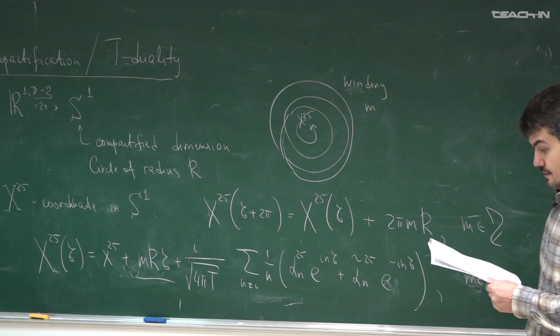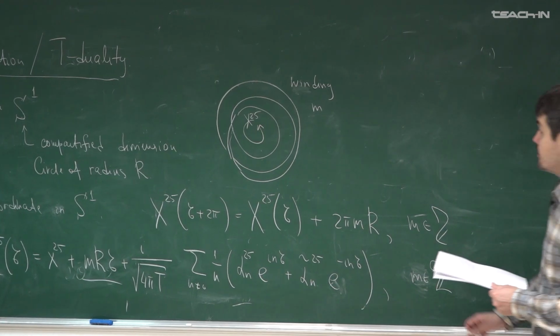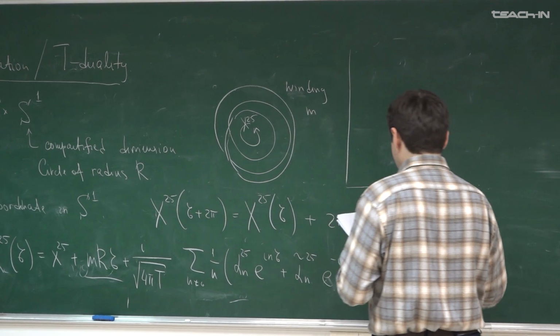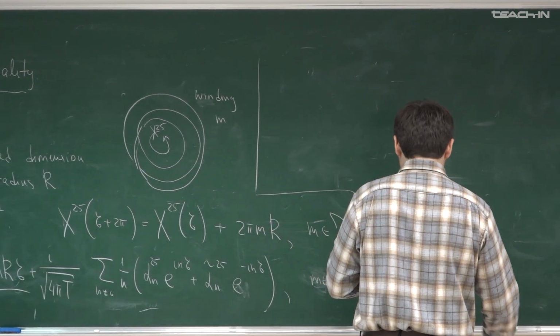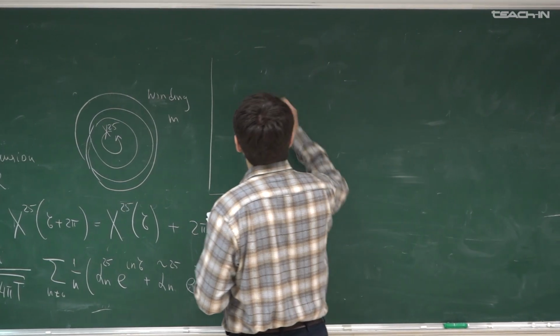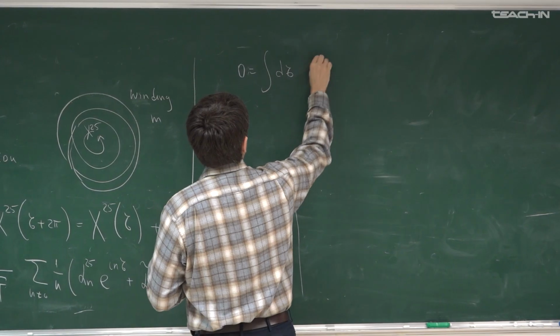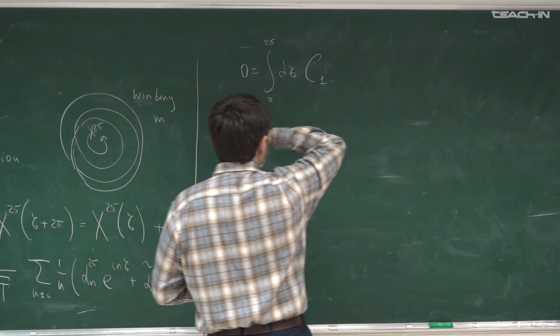Remember we had the mass formula, which comes from integrating the constraint, C1 equals 0. So it's one of the constraints.